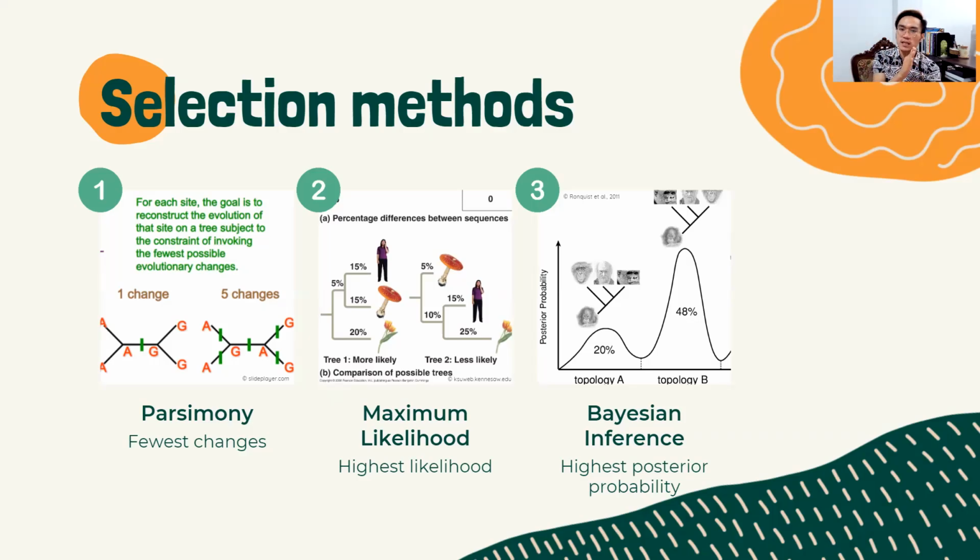It's very important that once we get several trees, and usually you get hundreds, or even millions of trees, you're going to end up with a number of trees multiplied by 10 to the 10th power, or even more. How do you select which tree would best represent the evolutionary relationships of the OTUs in your matrix? Okay, so that's why we have selection methods.